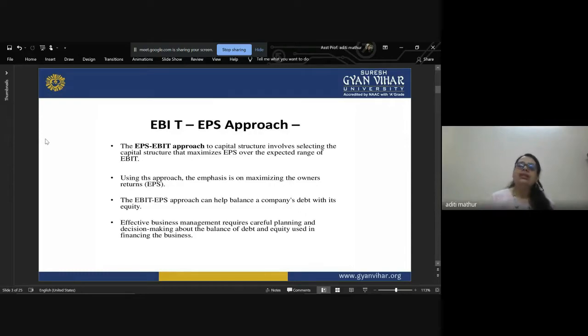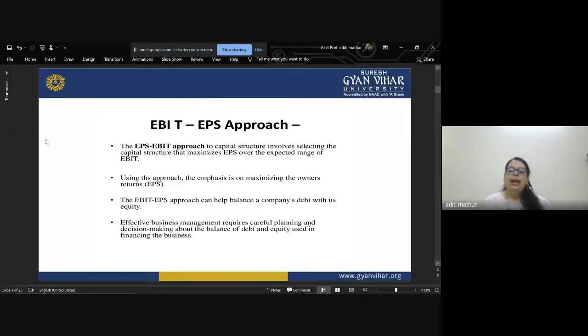We have discussed that one of the reasons we need a good capital structure is to increase EPS at the lowest Ko, that is, the overall cost of capital. So this approach helps you accomplish one of the very important aspects of an organization, that is, to maximize its EPS.